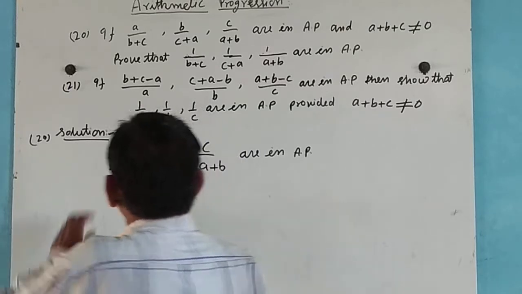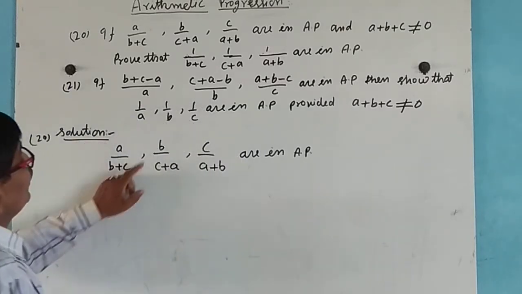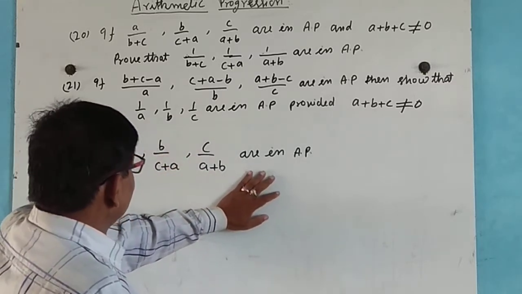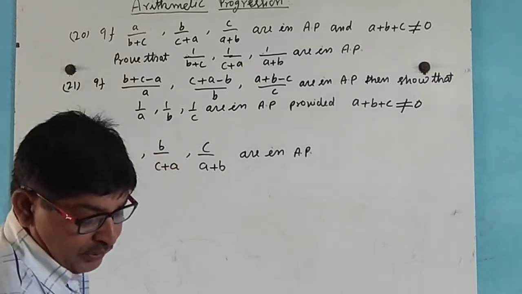Now here a by b plus c, b by c plus a and c by a plus b are in AP.